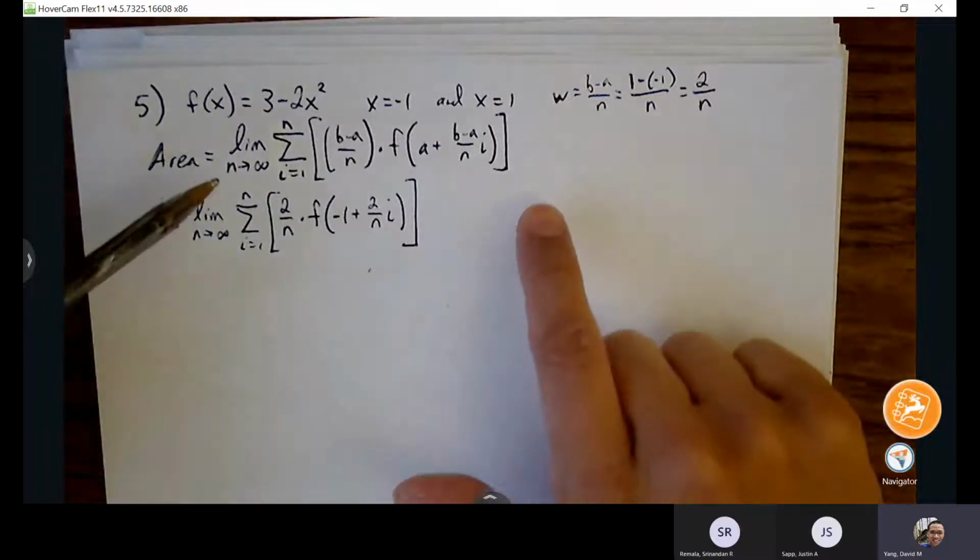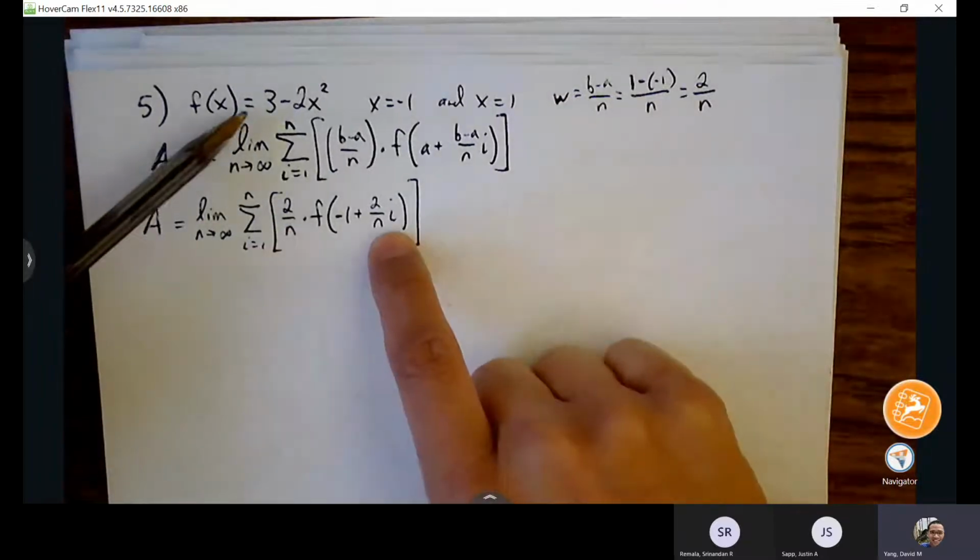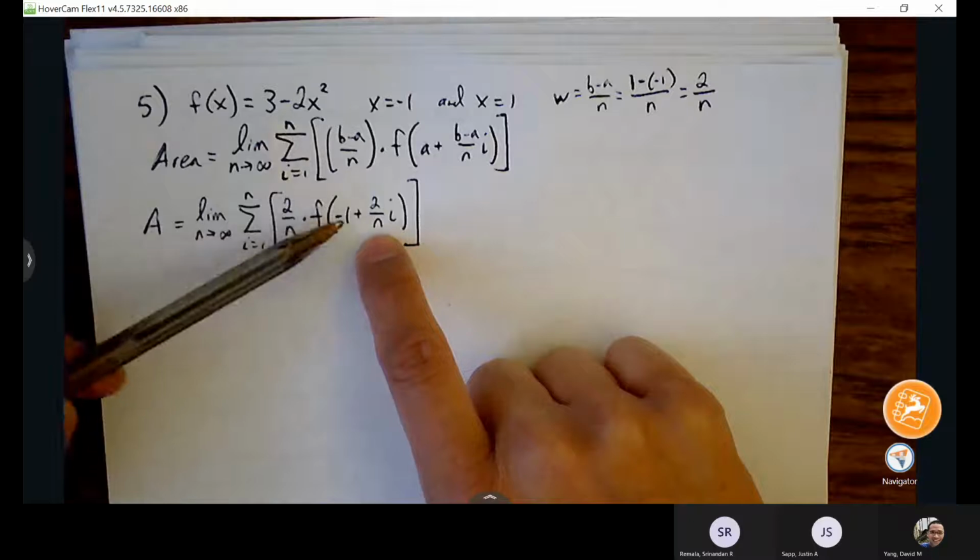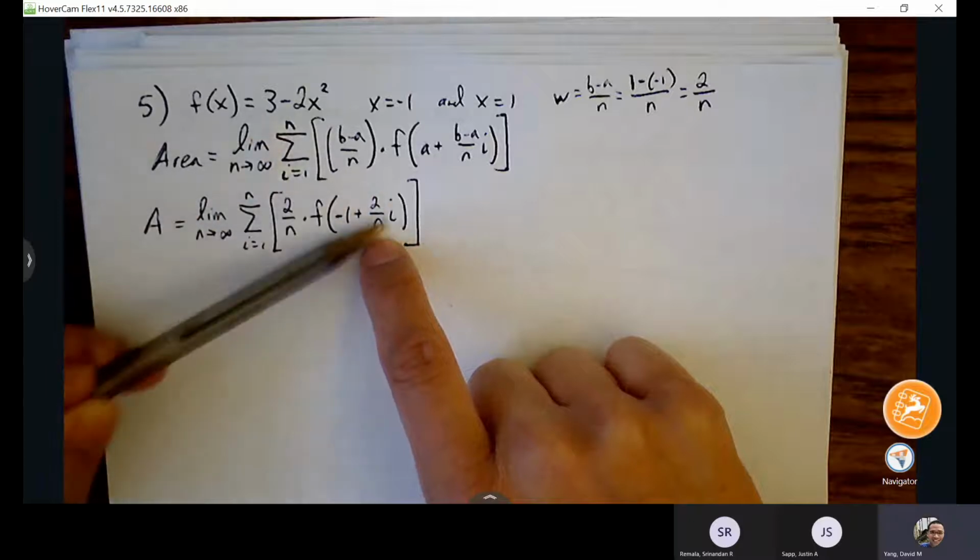So now we have to involve the original function so that we can get this out of function notation.